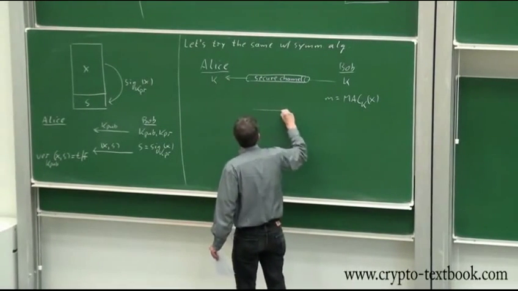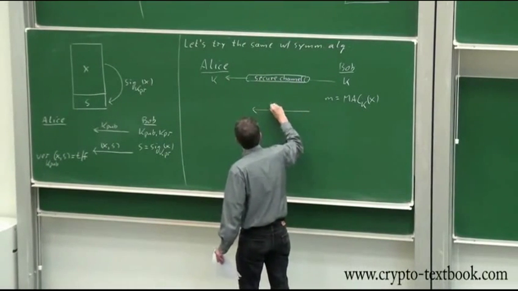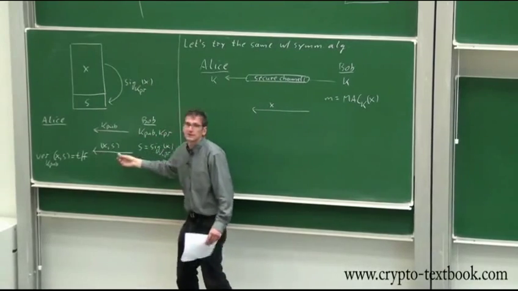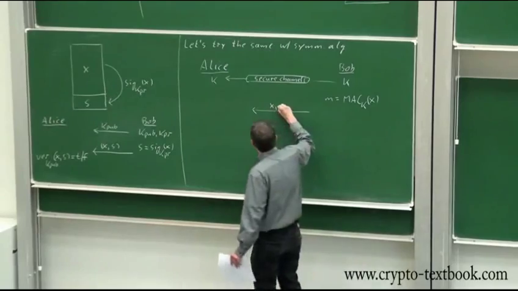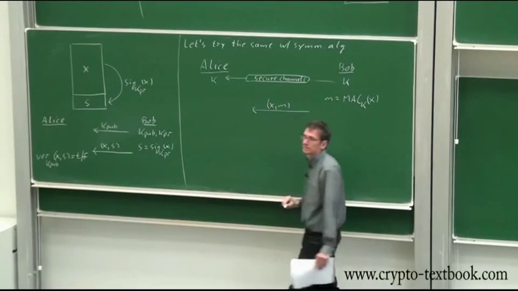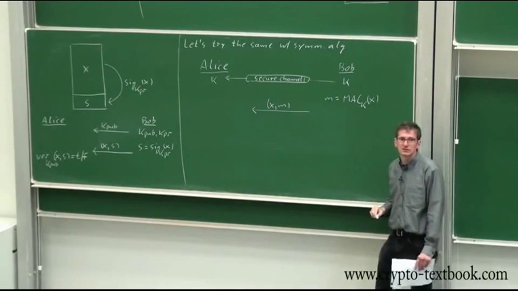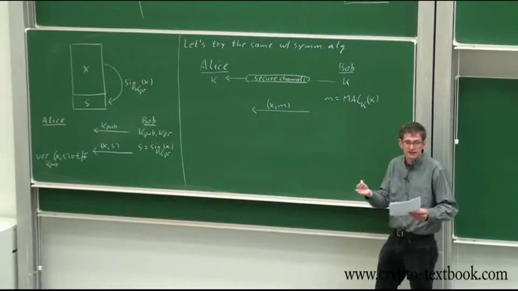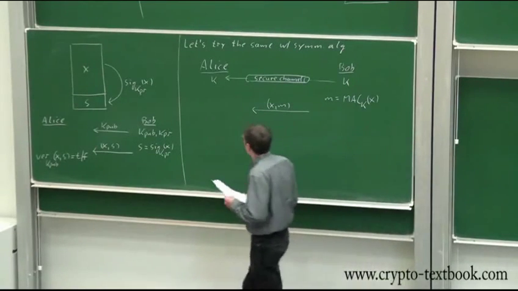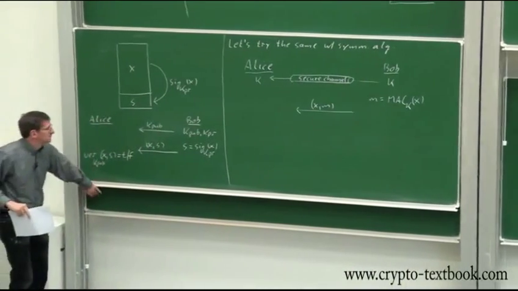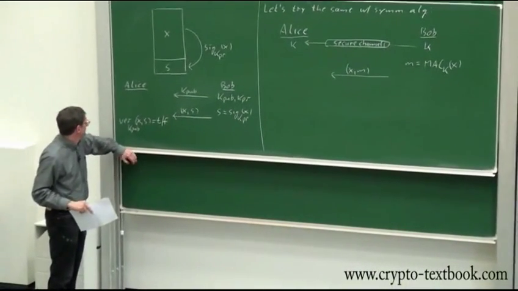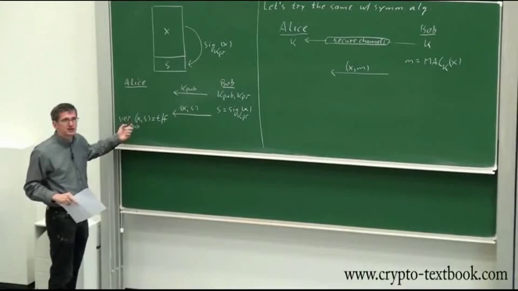Then Bob transmits, as before, X. But now again, you have to append the signature, which is this MAC result, or cryptographic checksum. The cryptographic checksum is being appended. So what we did here is, for digital signature, we had to run the verification algorithm.